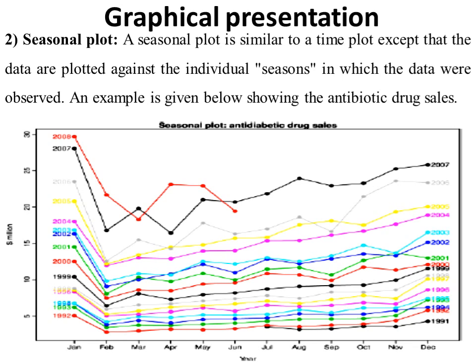For example, as we see in this data, it is antibiotic drug sales. It's clear that there is a large jump in sales in January each year, as we observed.